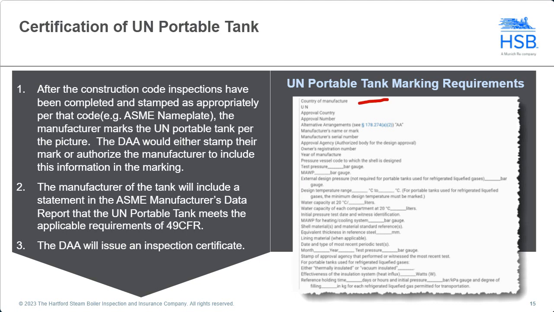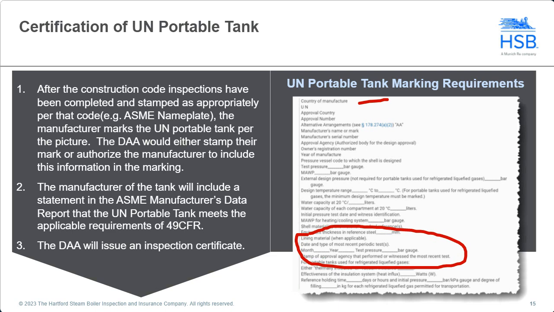It covers the minimum information that needs to be on the UN portable tank nameplate. One of the things I want to highlight that has to be on there when you put the manufacturing UN portable nameplate on, and I'm going to circle it right here, is that after the tank has been certified and placed in service, it requires periodic inspection and a hydrostatic and pressure test as well.